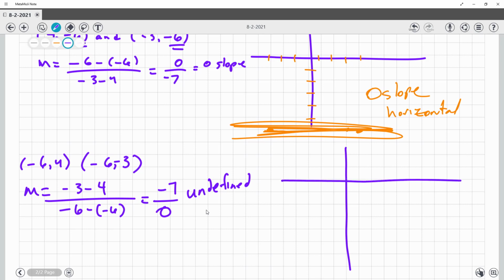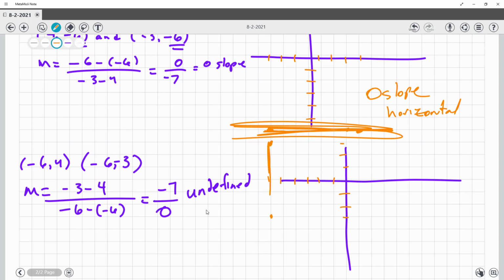Again, I think it's always good to look at these graphically so they start to make sense. Negative 6, up here somewhere, say the point's up here, and then negative 6, negative 3.